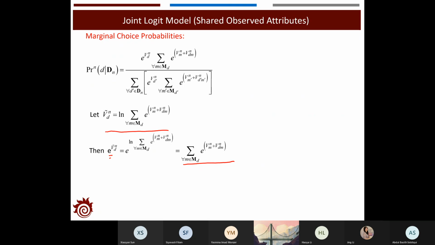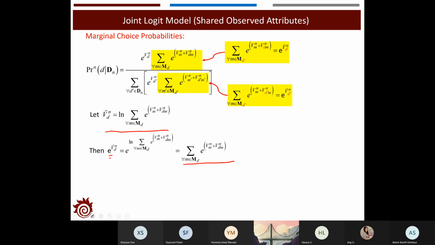If we put that in this equation, you will get the marginal probability as exponential of Vd plus Vd tilde, divided by the summation of exponential Vd prime plus Vd prime tilde.